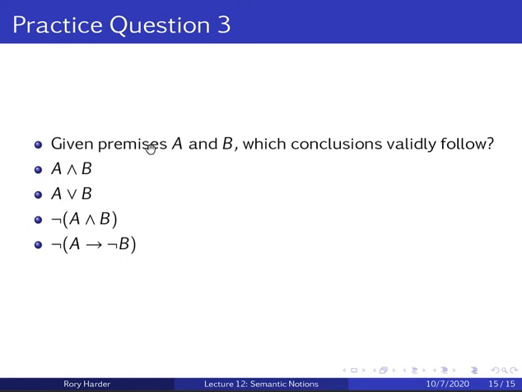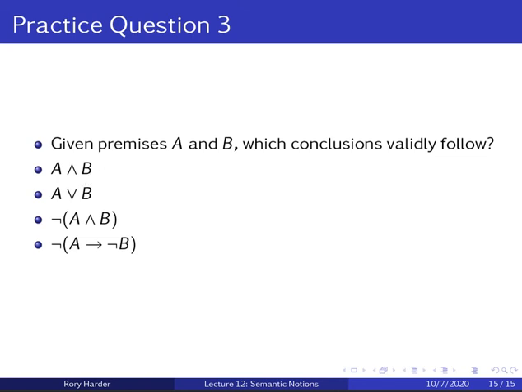For questions of this final type, we're given the premises of an argument. We are to imagine an argument with A as its first premise and B as its second premise. Then we have to determine which of these given sentences, if they were the conclusion of that argument, would make a valid argument.